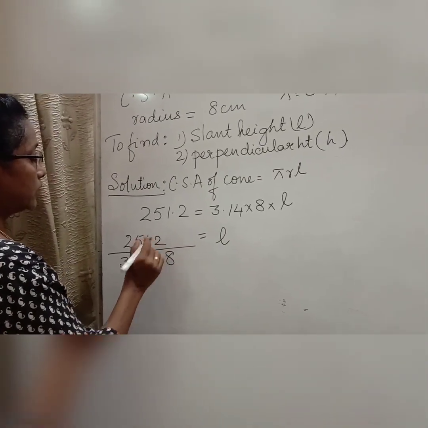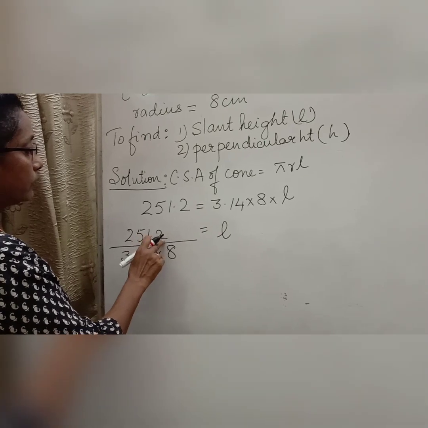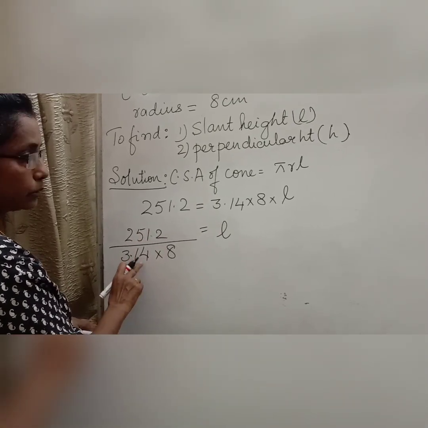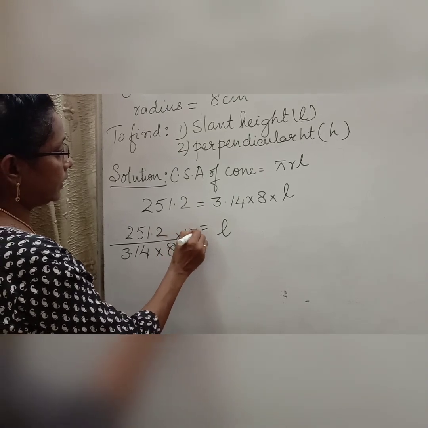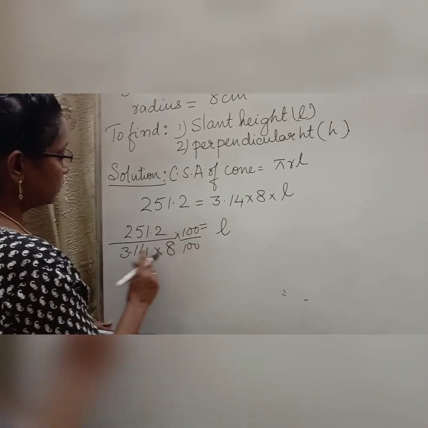So here students, after decimal one number is there, here after decimal two numbers are there. So we will multiply by 100 upon 100 to remove the decimal.